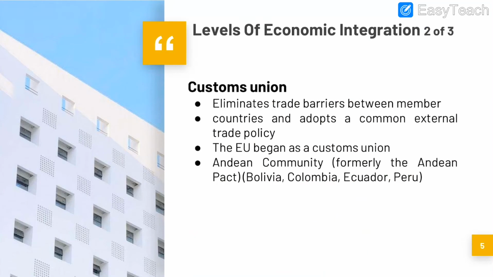Next, we have the customs union. Okay, in this customs union, they eliminate trade barriers between the countries and adopt a common external trade policy. The EU, the European Union, is a customs union. They have the Andean Community, formerly the Andean Pact, with countries such as Bolivia, Colombia, Ecuador, and Peru.